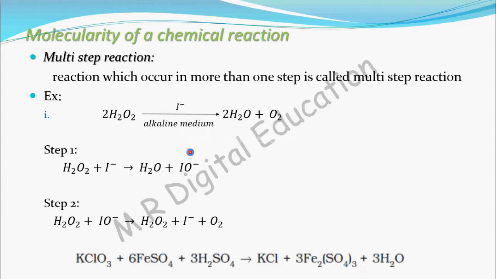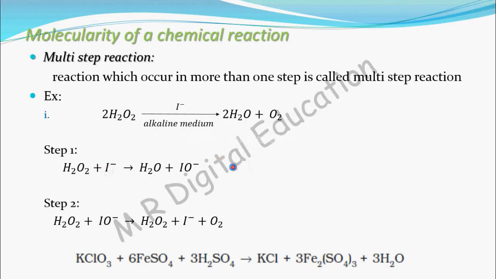See here, an example: 2H2O2 in alkaline medium gives 2H2O plus O2. This reaction occurs in more than one step. In the first step, one molecule of H2O2 and one ion of I minus combine to give one molecule of H2O and one ion of IO minus.